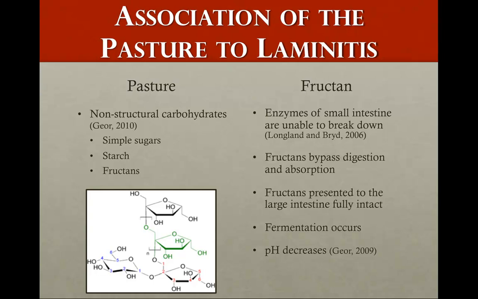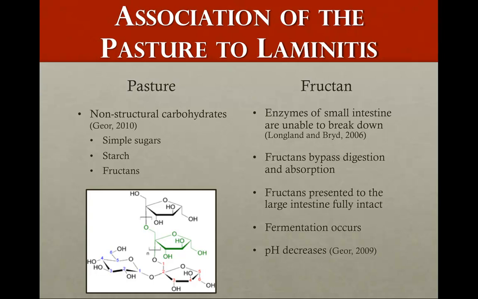With respect to increasing the risk for laminitis, however, fructans are found within some pasture grasses and are the most important. Fructans are non-structural carbohydrates, molecules which enzymes within the small intestine are unable to break down.